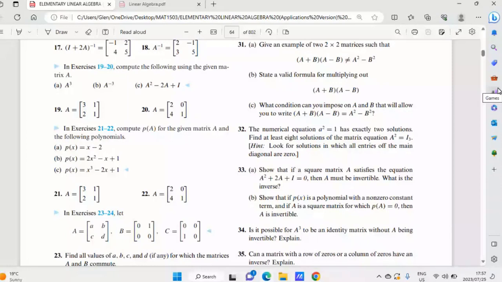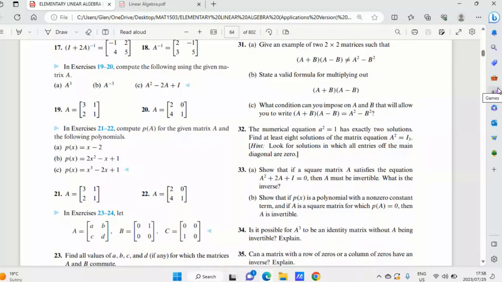Please, everybody, let's listen to each and every detail that Lebo is sharing with us. Yes, sir. My first thing I did, which is x cubed. Our question is x cubed minus 2x plus 1.